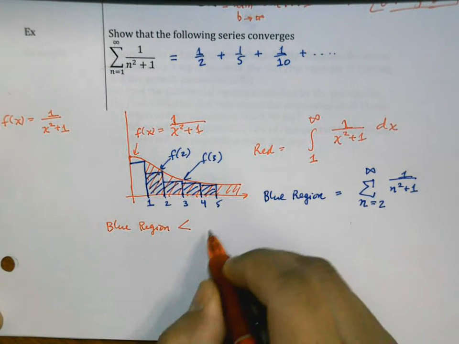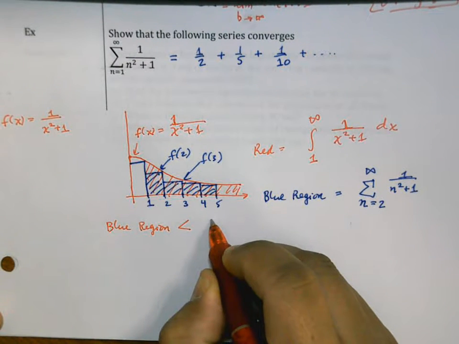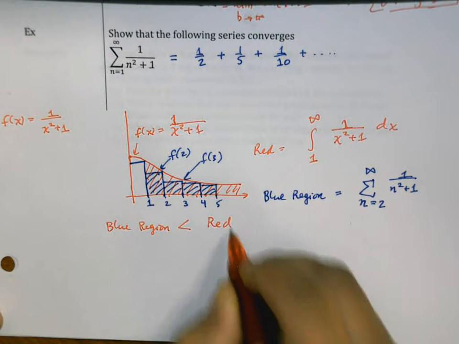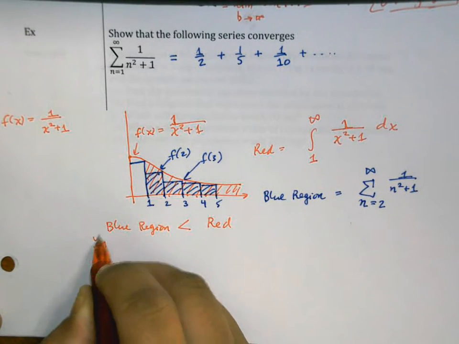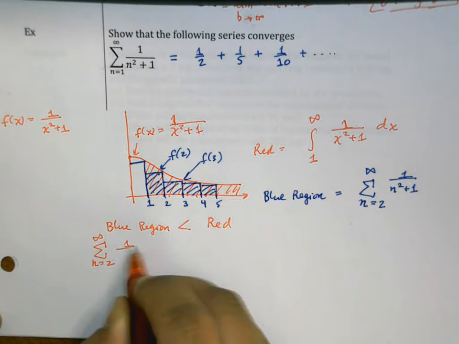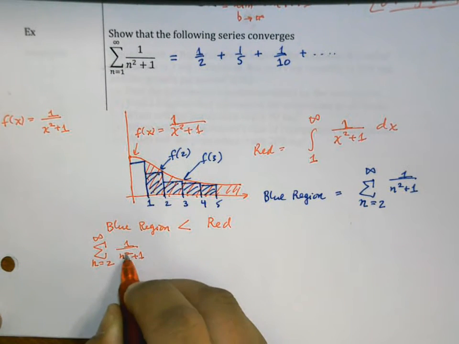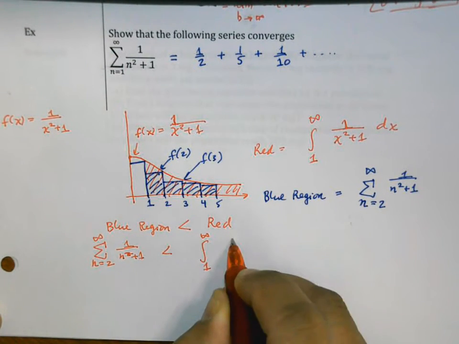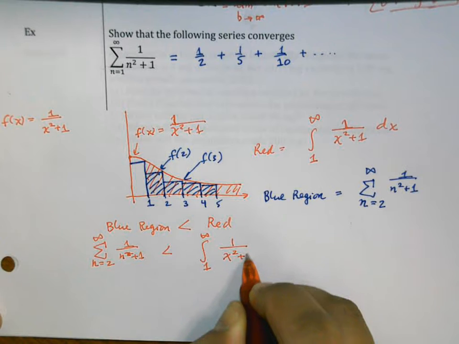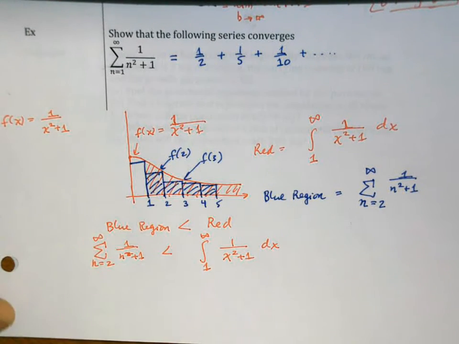So the blue region is definitely less than the red. Okay. So that means this series, n equals 2 to infinity of 1 over n squared plus 1, must be less than the integral from 1 to infinity of 1 over x squared plus 1 dx.